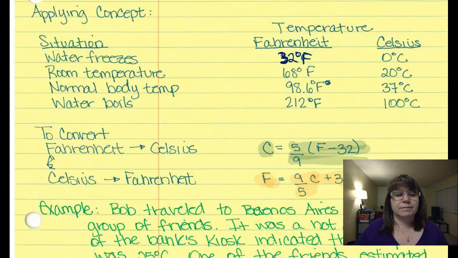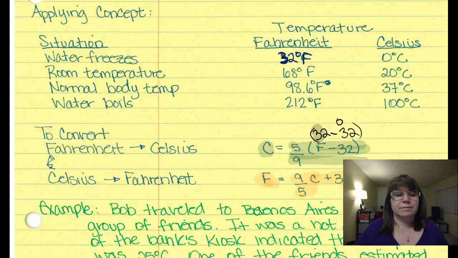For example, I know water freezes at 32 degrees Fahrenheit. Well, 32 minus 32, that's 0, and 0 times anything is 0, so that's equivalent to 0 Celsius. And room temperature, let's say, is 68.